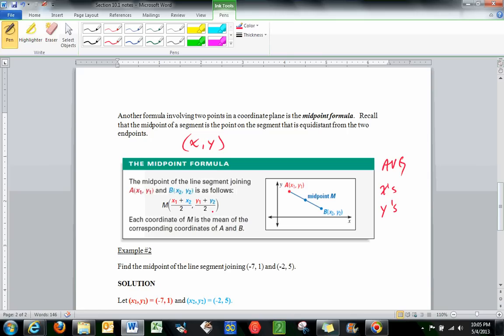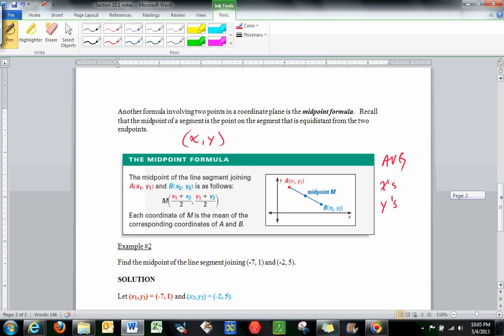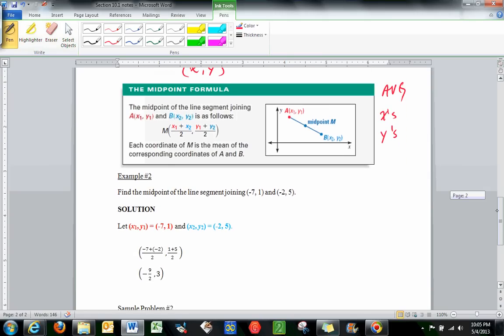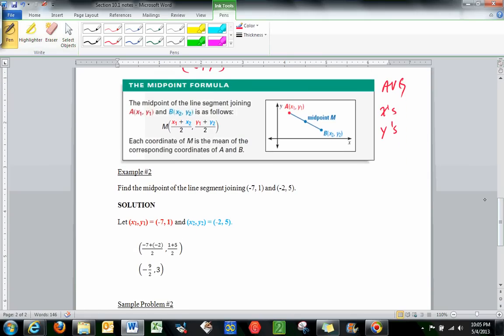Okay. Now we've got a couple simple examples here. Example number 2 shows us how to use the midpoint formula. We're given the points (-7, 1) and (-2, 5), and we want to find the midpoint on the segment that would join those 2 points. Those would be considered endpoints.